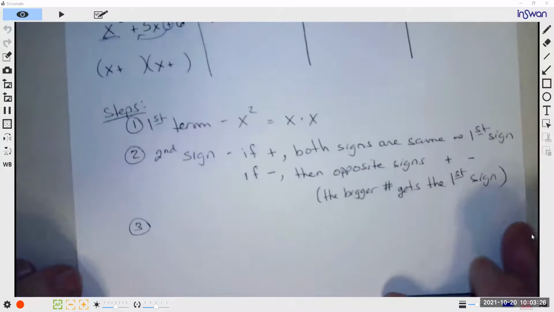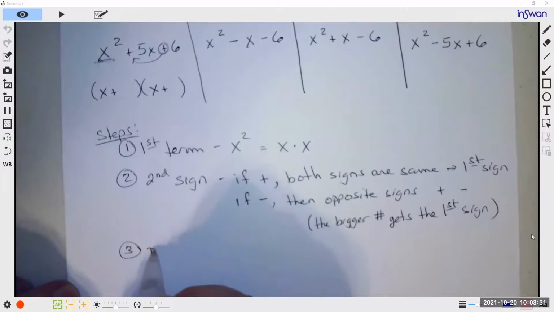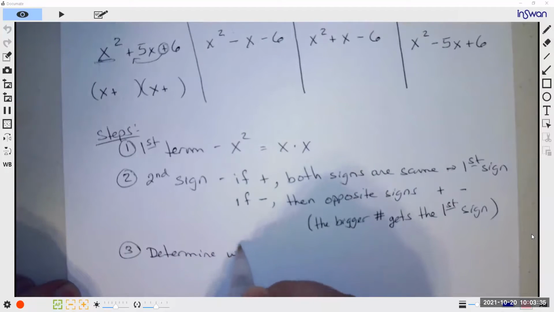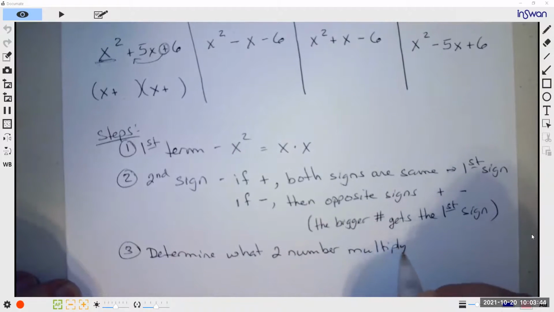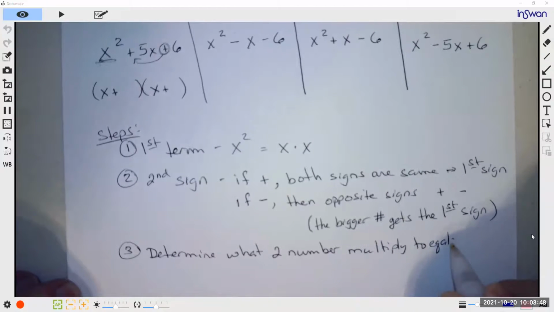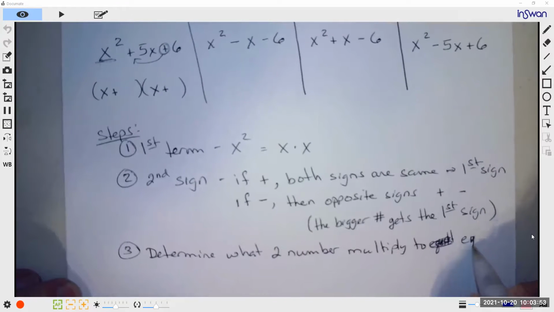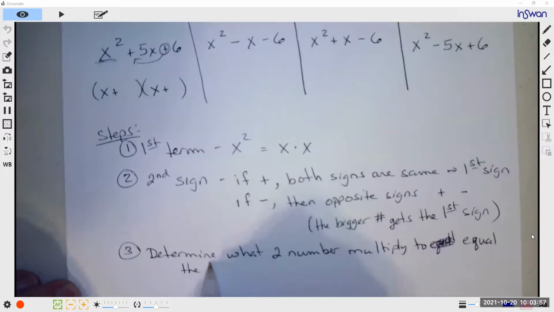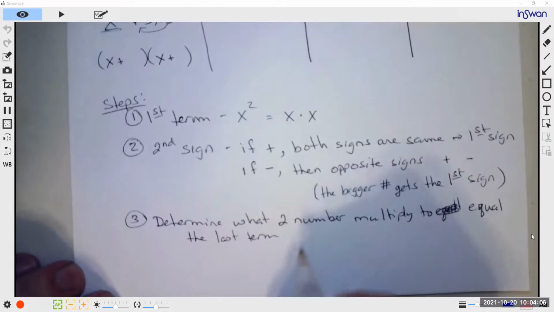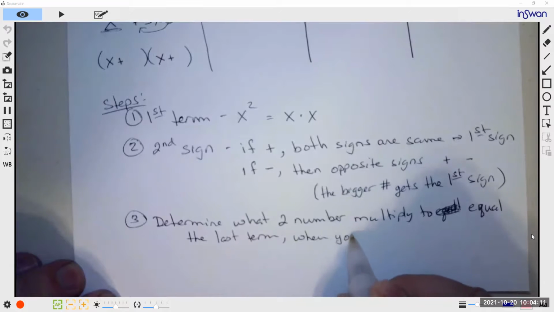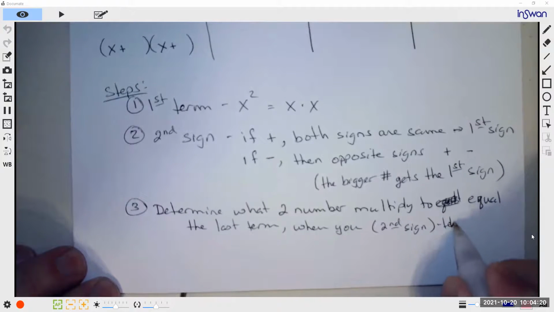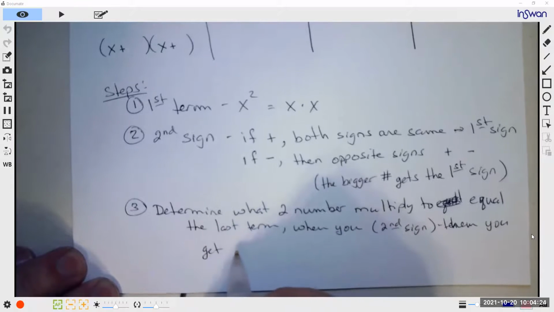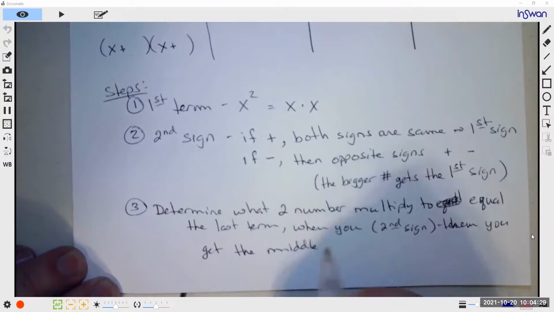This is the hardest part of the whole process. The third step is determine what two numbers multiply to equal the last term, and when you use the second sign on them, you get the middle term.